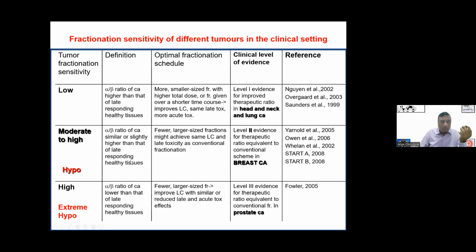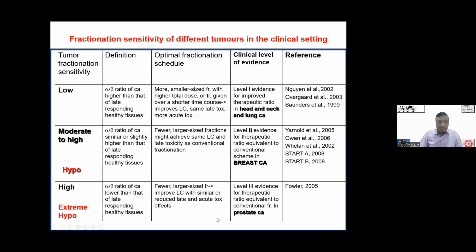But with a moderate to low alpha by beta ratio, for example breast cancer, where alpha by beta is of the order of 5, almost similar to or slightly higher than late responding normal tissue, there we can give hypofractionation, large doses, less number of fractions.